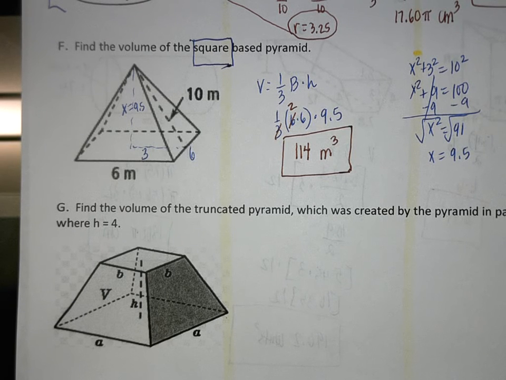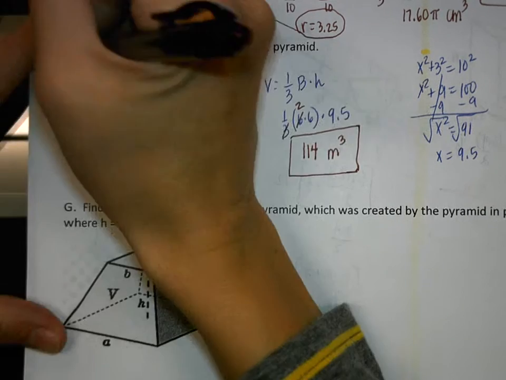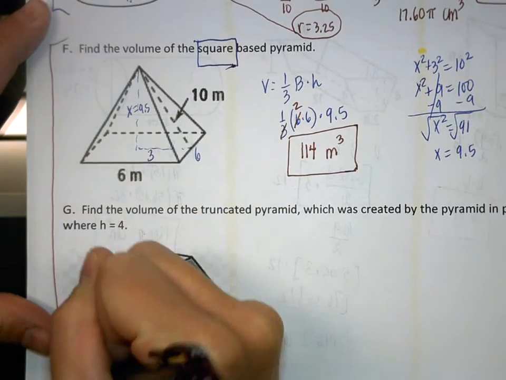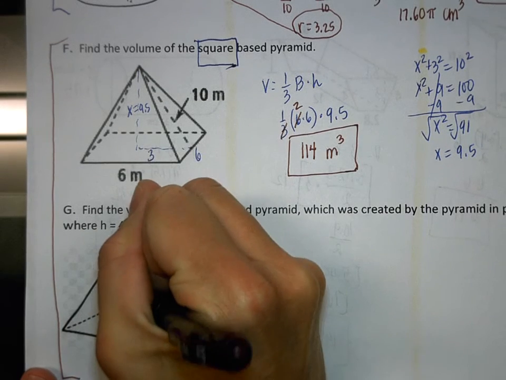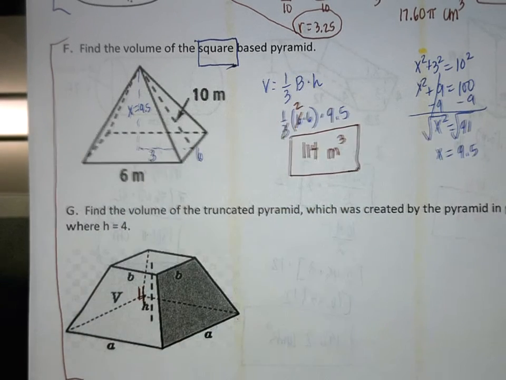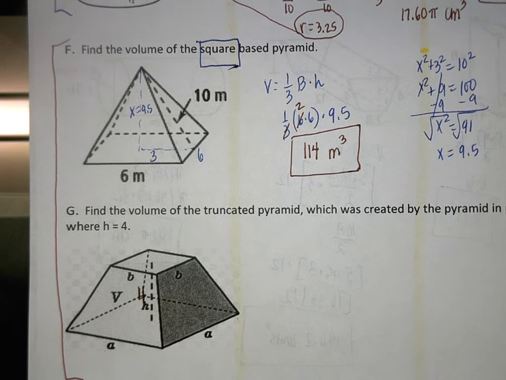Okay, so G says find the volume of the truncated pyramid, which was created by the pyramid in part F. So again, I'm just going to mark these. These two questions are going together so that you understand that when you look back at your notes. Which was created by the pyramid in part F, where H, this time, is 4. Okay, so again, the part that's cut off, can we find what that is?